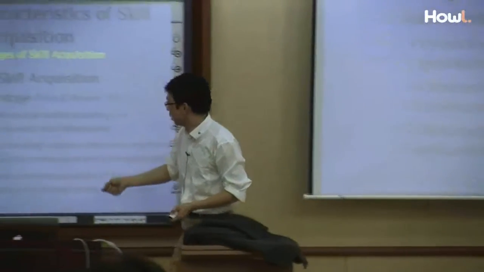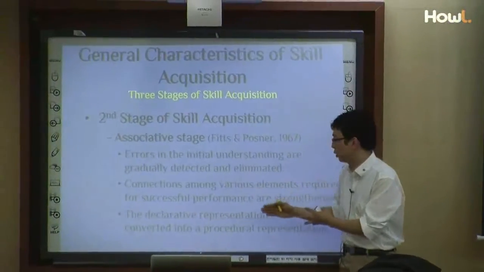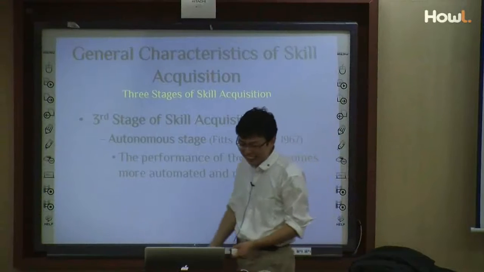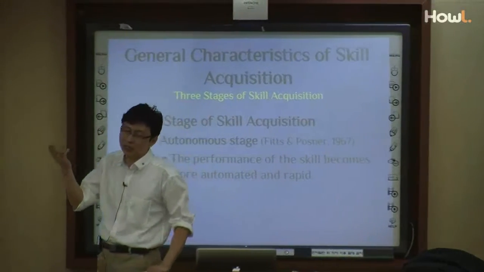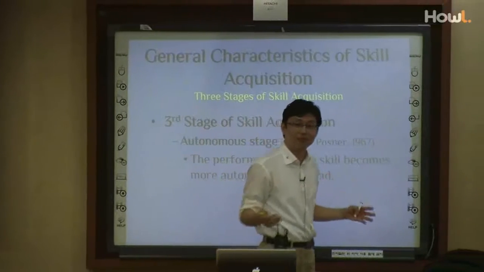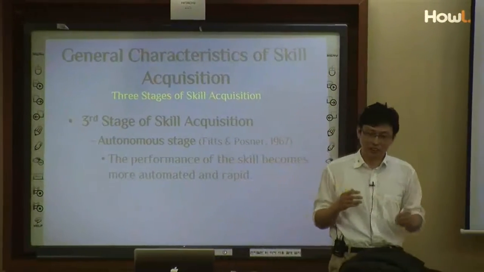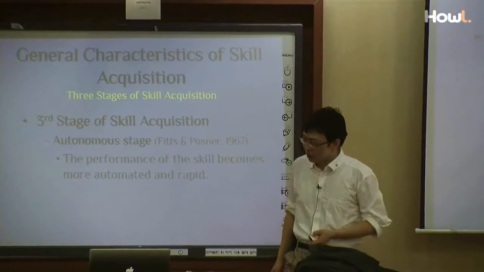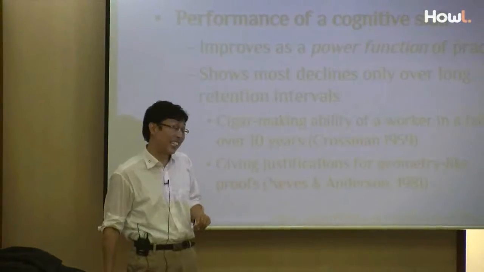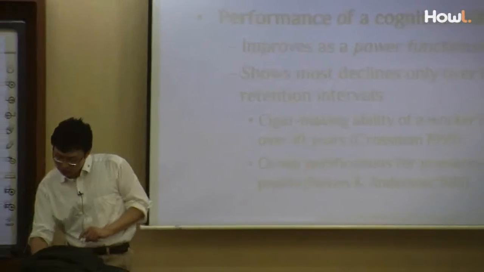So in the second stage, declarative knowledge now starts to turn into procedural knowledge. The last one is automated, like a skill. So sometimes no rules, just done it, okay? So this second stage is the same as our SRK framework by Rasmussen, right?